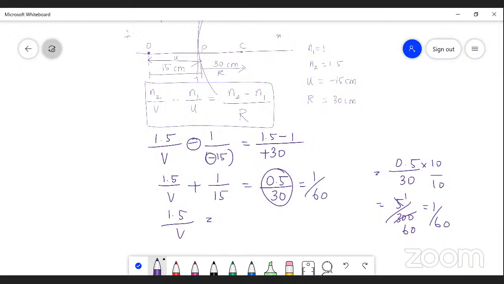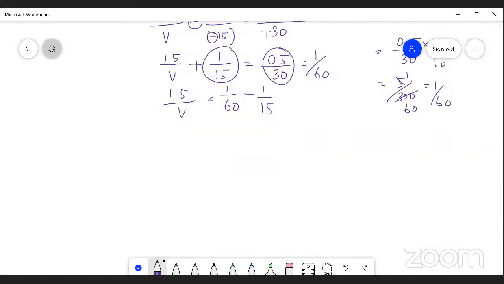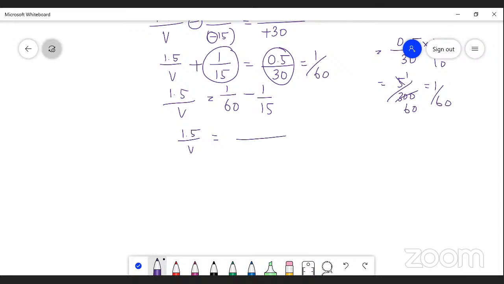1.5 divided by V is equal to 1 divided by 60 minus 1 divided by 50. The positive value goes to the other side as a negative. So 1 divided by 60 minus 1 divided by 50. Taking the LCM, I want to take 60. 1 minus 4 times 15, 16.